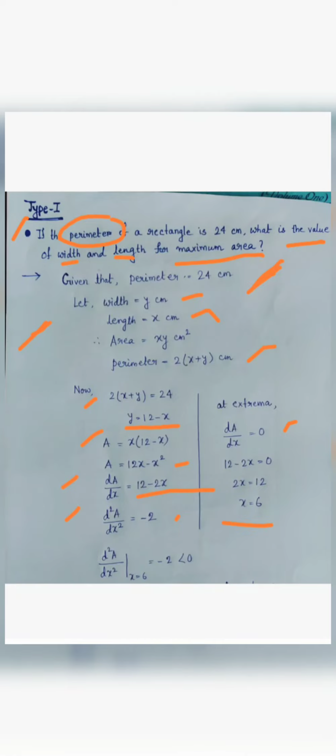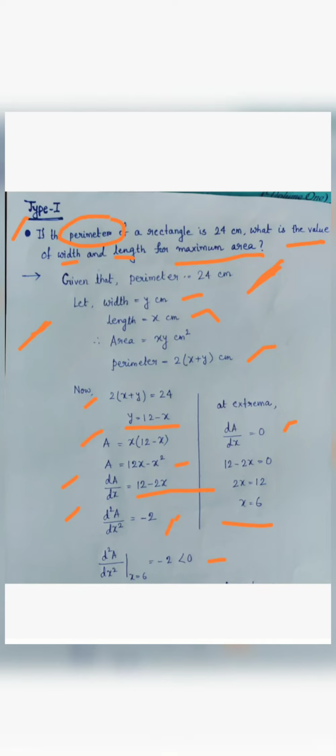Then we put the value in the second order derivative of the function. But here there is no x, so at x equals 6 the second derivative is minus 2, which is less than 0. And we know that if the value of the second order derivative is less than 0, then the function has maxima at that point.